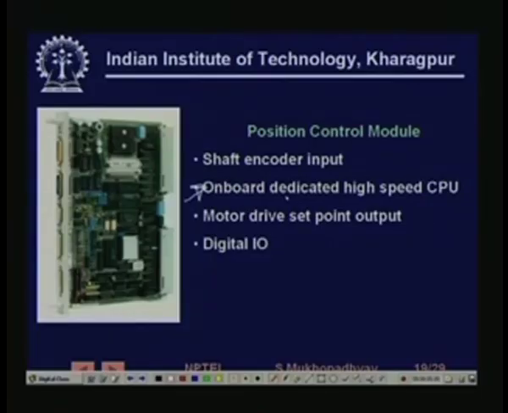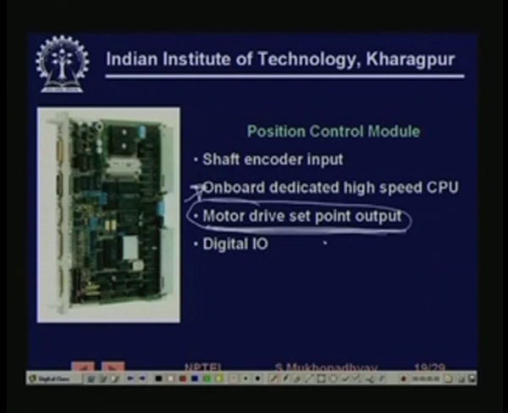And the motor drive: there is a power electronic drive which will be given a set point, and that power electronic drive will realize that set point. On the other hand, it takes its own set point from the central processor.